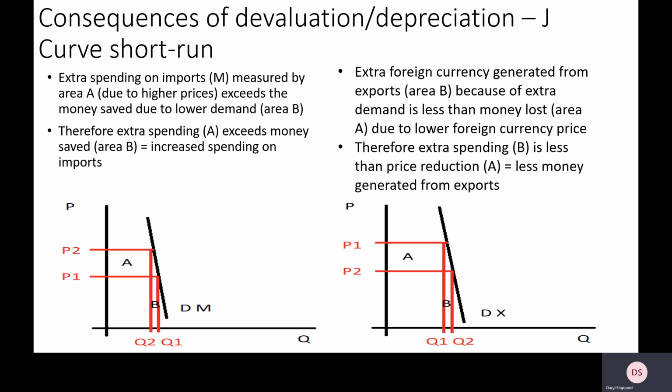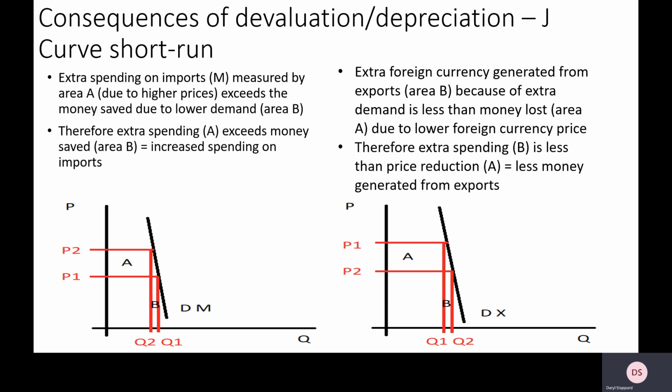Demand has fallen from Q1 to Q2, but the value of them will increase. In other words, the spending on imports will actually grow. Area A shows the extra spending that takes place, whereas B shows the benefits of buying fewer imports. So even though the volume of imports has fallen, the spending, or the value of imports, has actually increased.